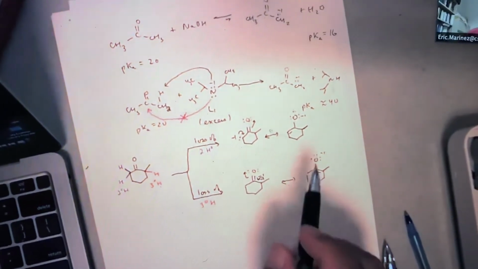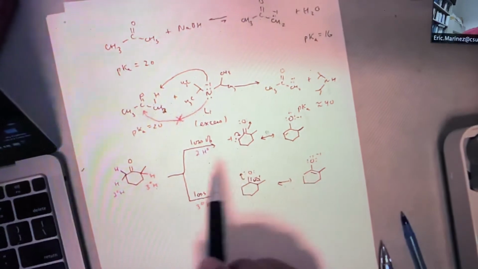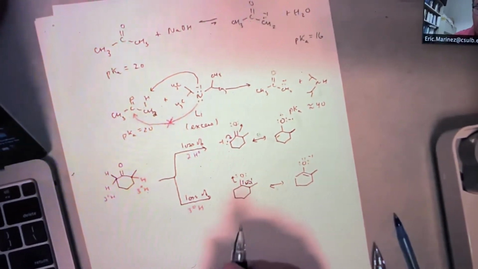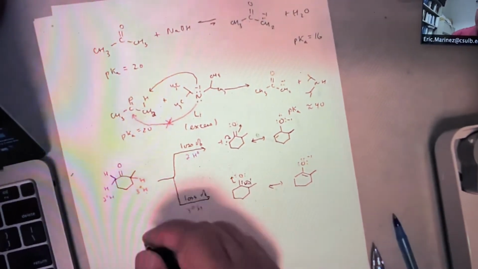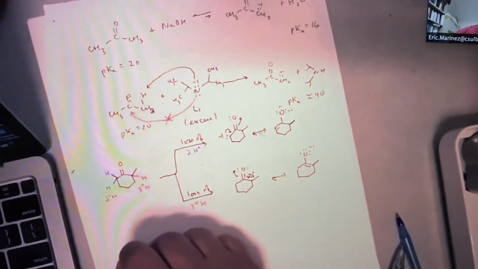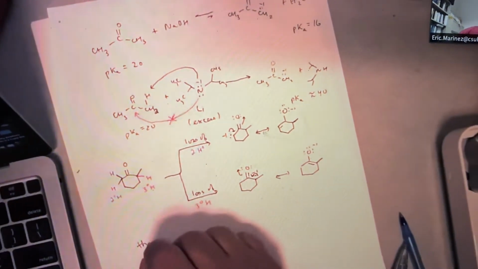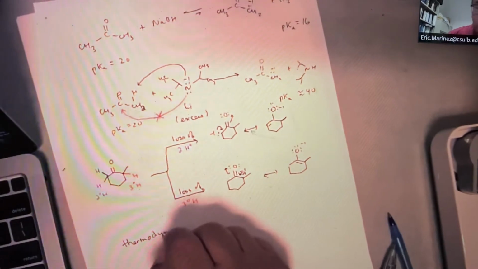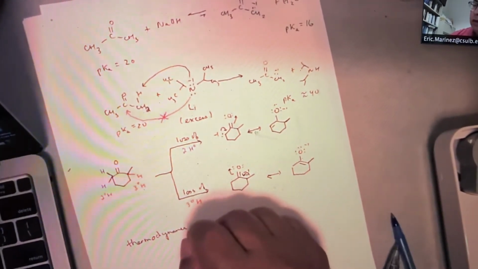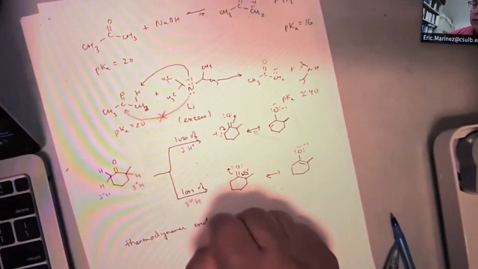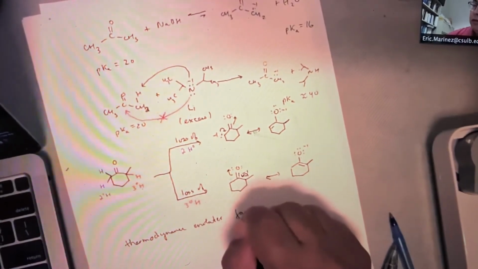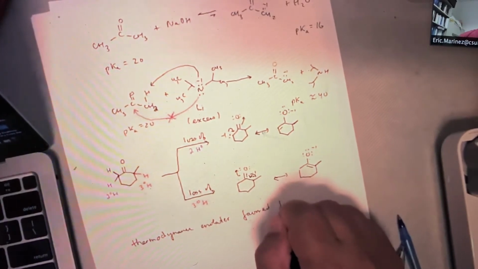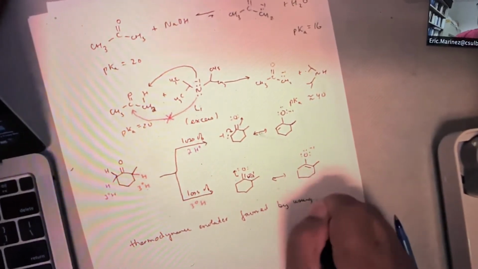So basically here we have the difference of what we call thermodynamic versus kinetic enolates. Now, let me just give you guys a couple of things. Thermodynamic enolates are favored by using a weak base.